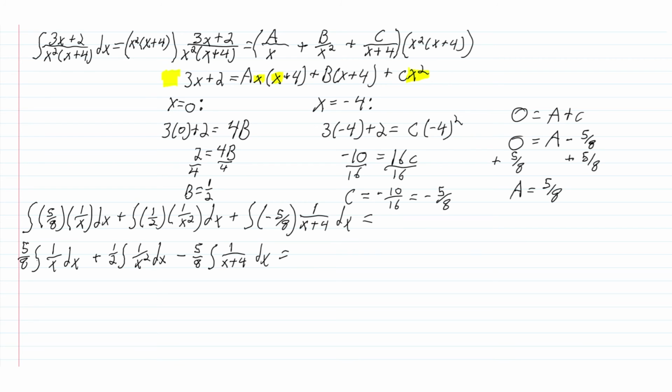And now we can finally get to the calculus. So we will have 5/8, and the integral of 1 over x is the ln of x, plus 1/2 the integral of 1 over x squared. And that's going to be a power rule, so x is going to be -2.